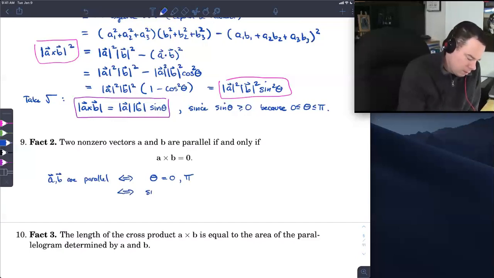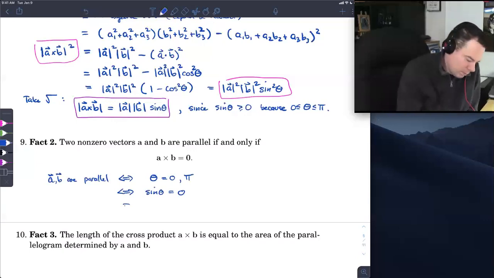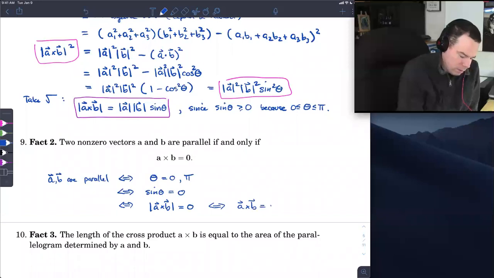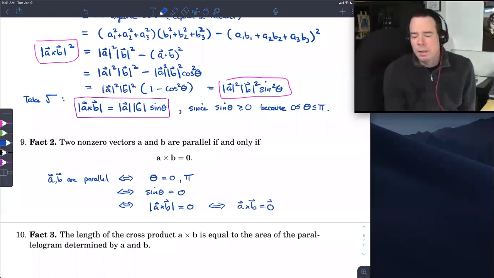But that's precisely the two values for which the sine is going to be 0, which tells us that the magnitude of a cross b is equal to 0. And if the magnitude of a vector is 0, then the vector itself had to be the 0 vector. And so that's our line of reasoning there.